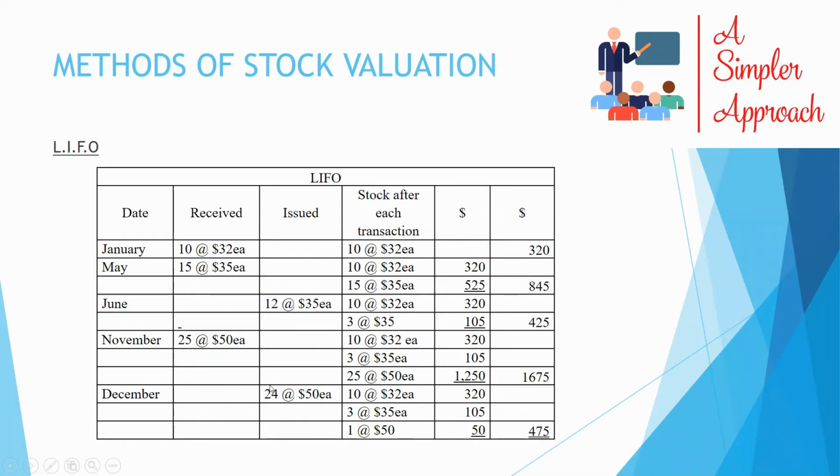This is 24 that we're issuing for December, taken out of the 25 that we bought in November. So 24 from 25 leaves 1. So we have the 320, the 105, and the 50. Add it all together, we get 475. And remember again, this represents closing stock. Hence the double line that it's on.